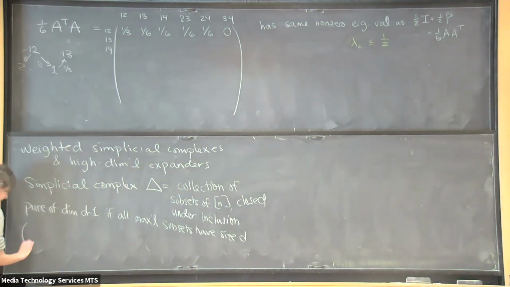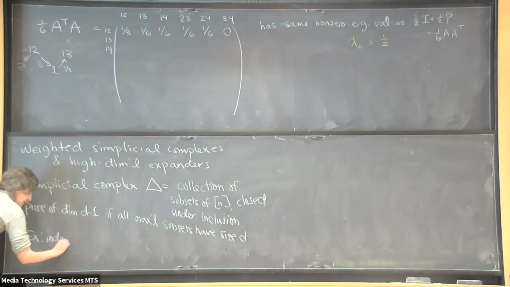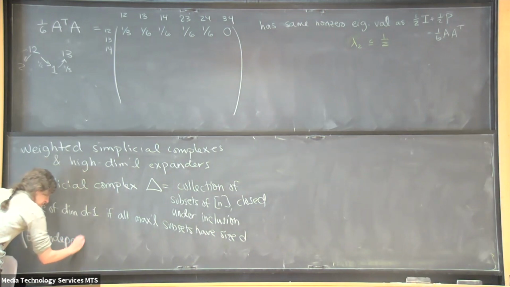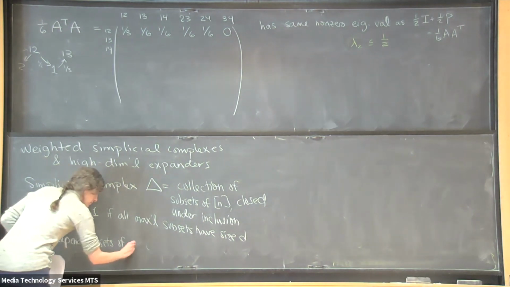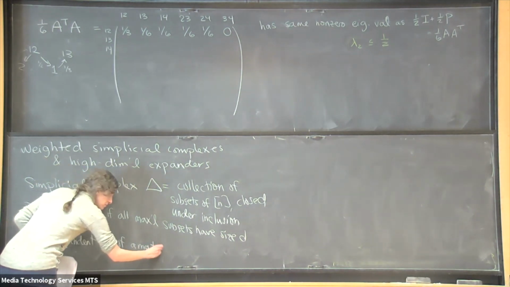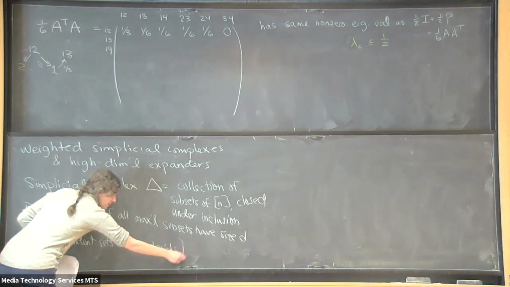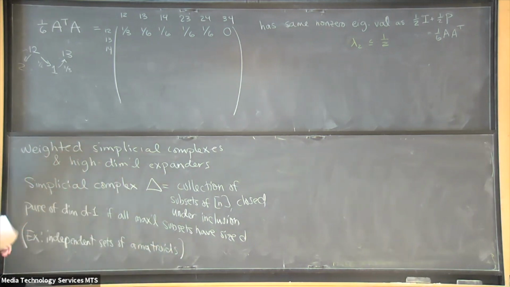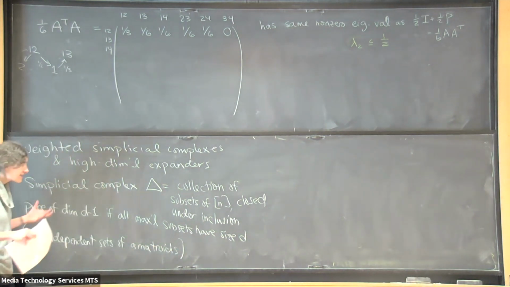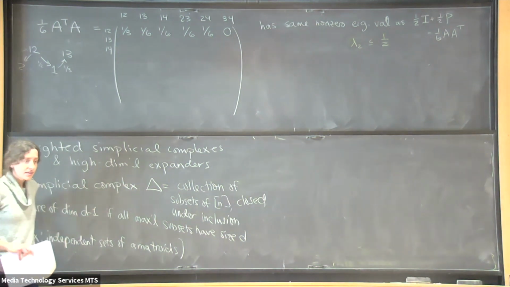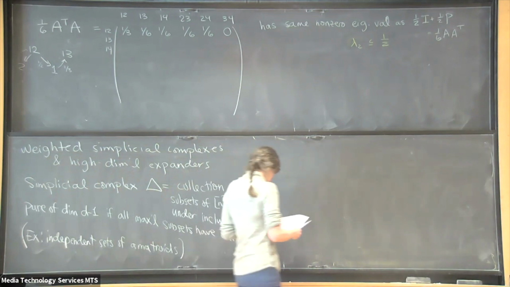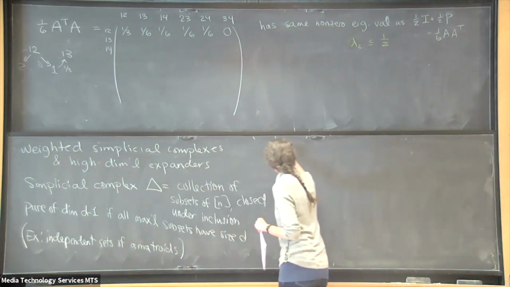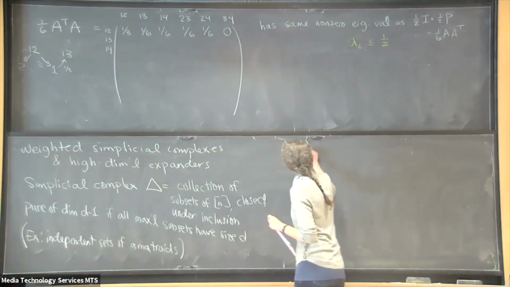And the example to have in mind for this are like the independent sets of a matroid. So for example, the collection of acyclic subgraphs of a graph. Can look at its faces of size k.